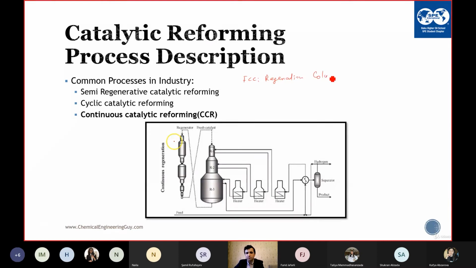But here in the CCR, we have the regeneration section. So this is not just one piece of equipment. Here you have, let's say, heat exchangers, pumps, etc. It's a separate system, but it is connected to the main process. That's why it's called the continuous catalytic reforming.